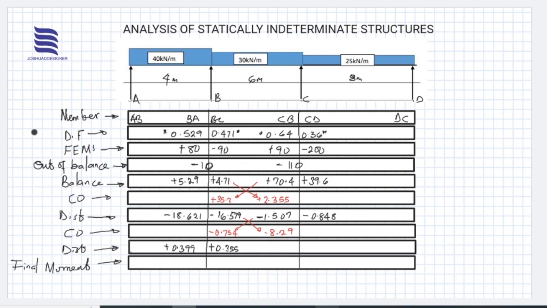So straightforward now, we would have this distribution also. 8.29 multiplied by 0.64, you should have positive 5.306, right? So multiplying minus 8.29 by 0.36, you should have positive 2.984, right? So this is simple enough.